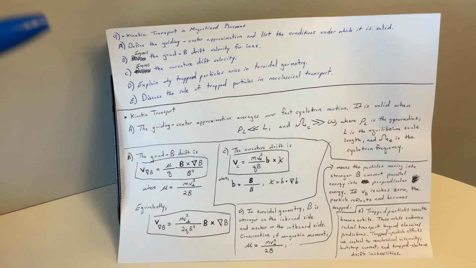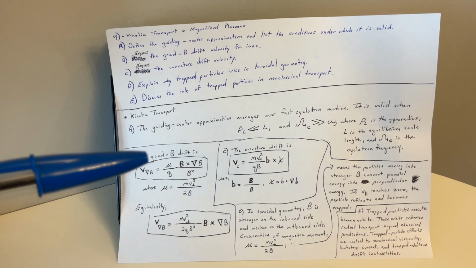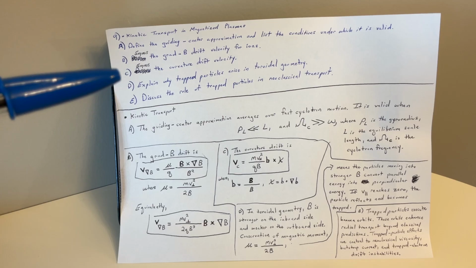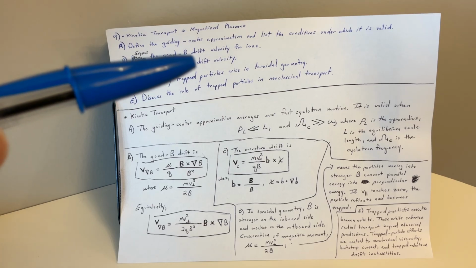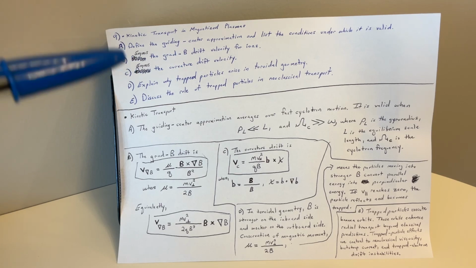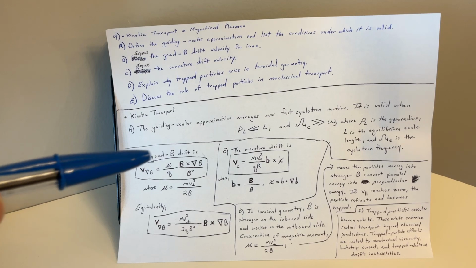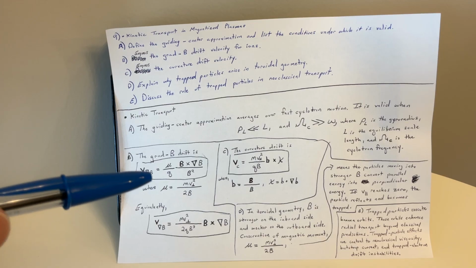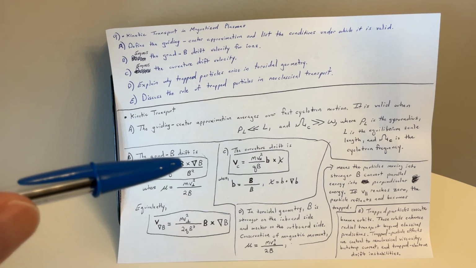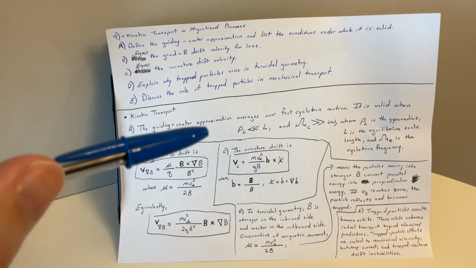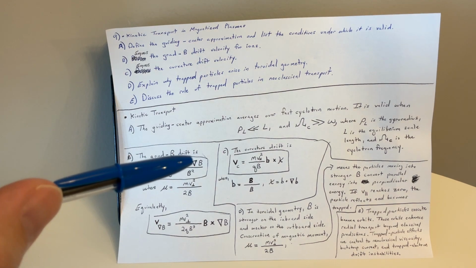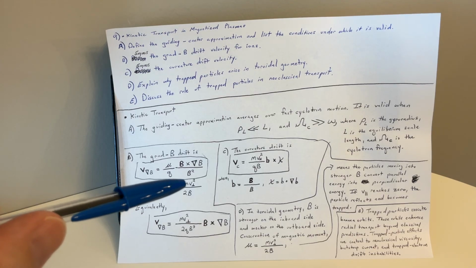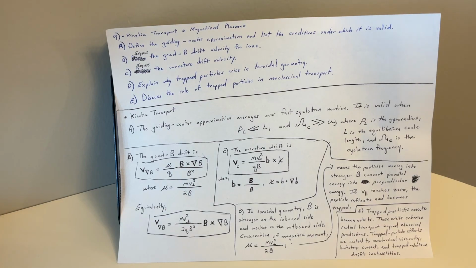So B, the grad B drift. Express the grad B drift velocity for ions, and also for C, the curvature drift velocity. This is canonical. The grad B drift is v sub grad B equals mu over q, times B cross del B over B squared, where mu equals m v perpendicular squared over 2B.